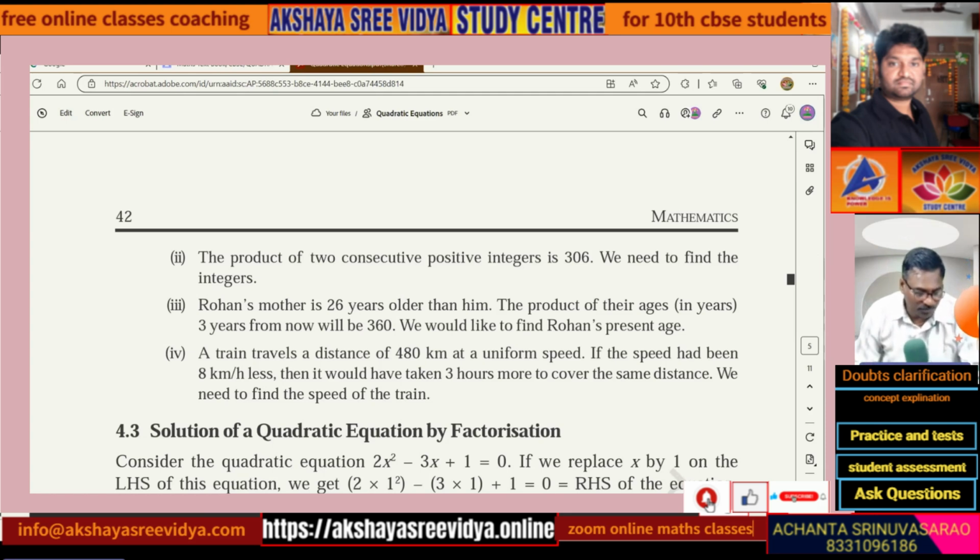What is the fourth problem? A train travels a distance of 480 kilometers at a uniform speed.